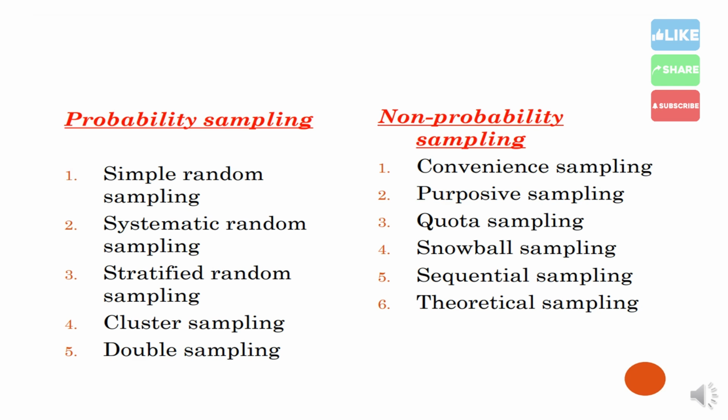Now, probability sampling includes simple random sampling, systematic random sampling, stratified random sampling, cluster sampling, and double sampling. On the other hand, in non-probability sampling, we have convenience sampling, purposive sampling, quota sampling, snowball sampling, sequential sampling, and theoretical sampling.